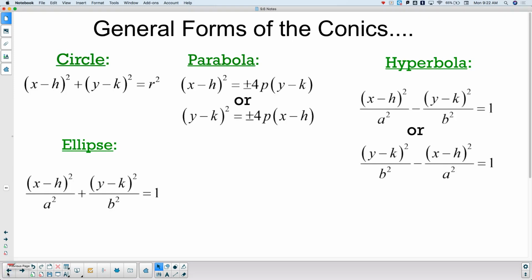What else do you see? There's one other big glaring one that should be popping out for you. Yeah, no. We already took care of parabolas.